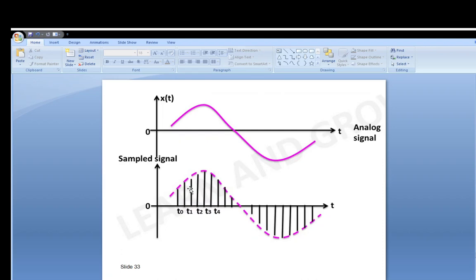So the system which shows the result in terms of analog signal is called an analog system, and the system which uses or shows its outputs or inputs in terms of digital signals, meaning only specific values are possible, will be called a digital system.